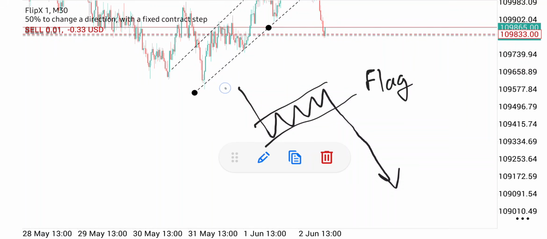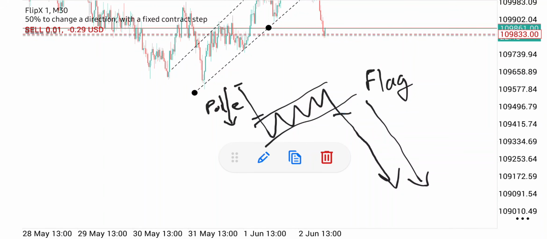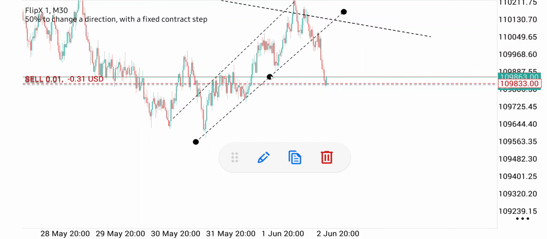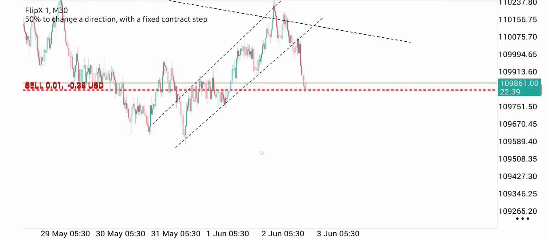This bearish displacement here is called the pole of the flag, and this is the anticipated move after the breakout here. So let's make a short analysis of this flag.